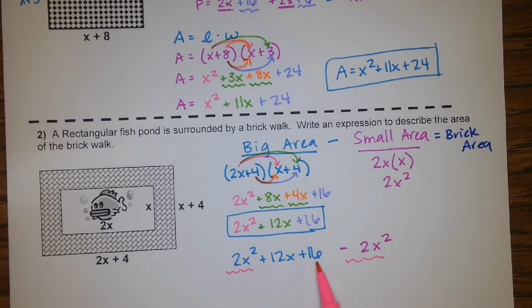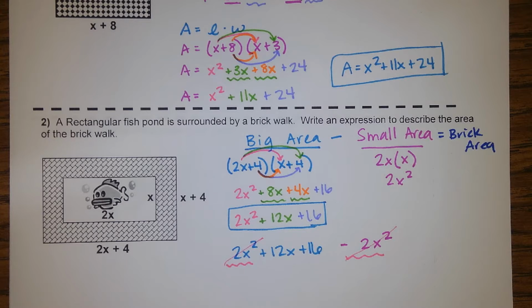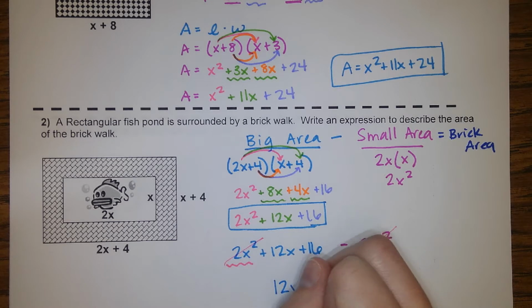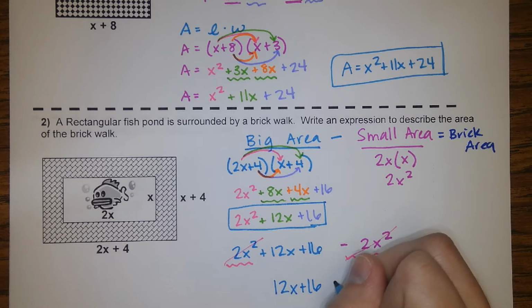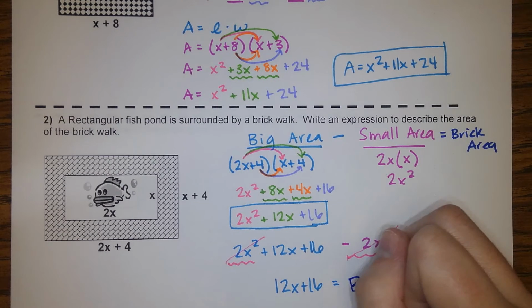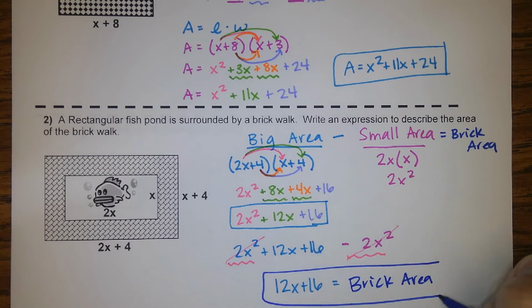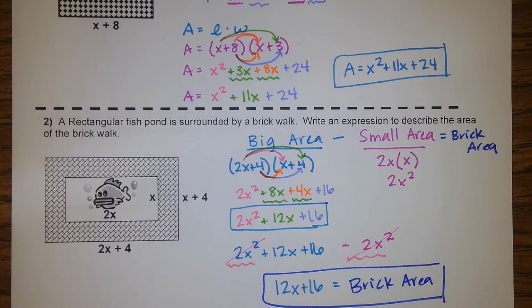There's no other x's and there's no other constants, so those guys will actually cancel each other out. And we are left with 12x plus 16, and that is equal to that brick area. So our answer is 12x plus 16 for that guy.